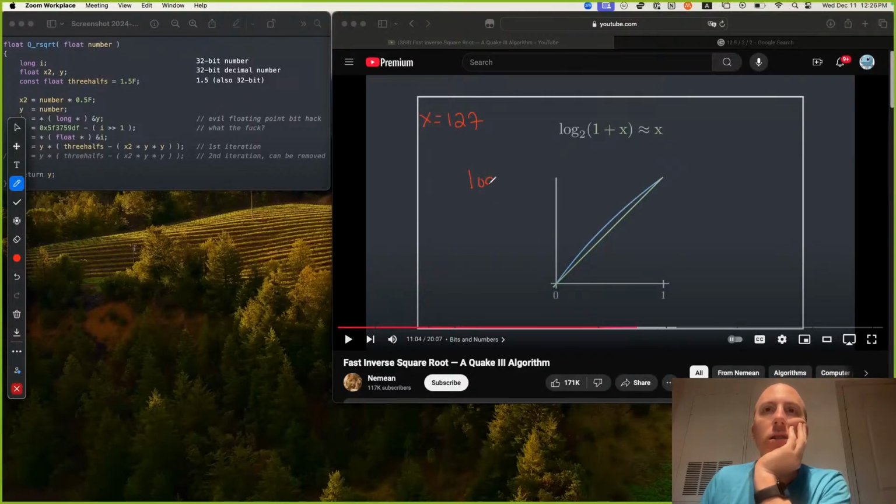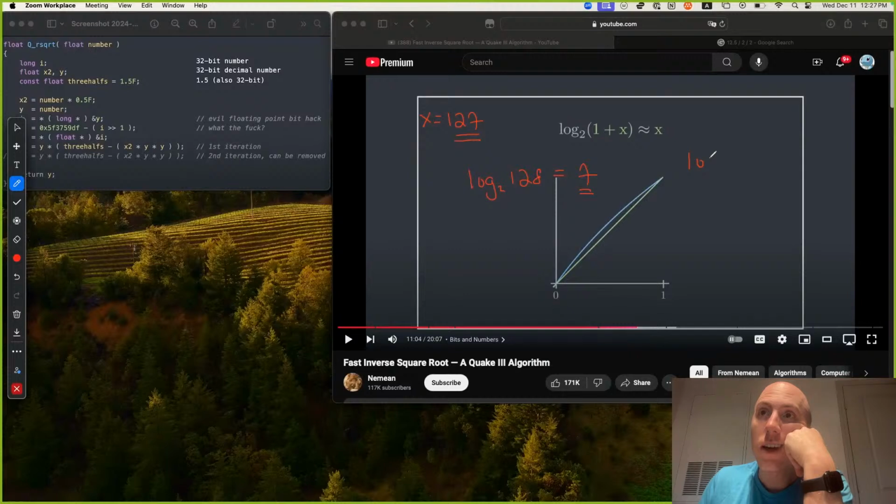So log base 2 of 1 plus 127 is 128. Log base 2 of 32 is 5, 64 is 6, 128 is 7. So this is 7. So you put 127 in and you get 7 out, and that's not close at all.